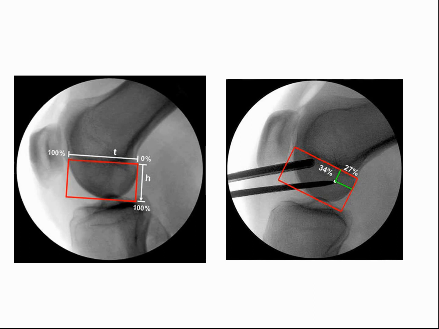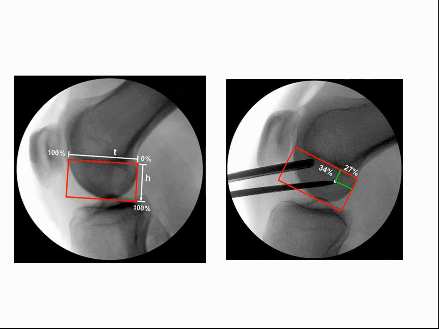After that, we draw another line parallel to the Blumensaat line and tangent to the inferior border of the condyle. Measurements are made as a percentage along the Blumensaat line, that is line T, which represents the maximum sagittal diameter of the lateral femoral condyle, and line H, which represents the maximum intercondylar notch height.